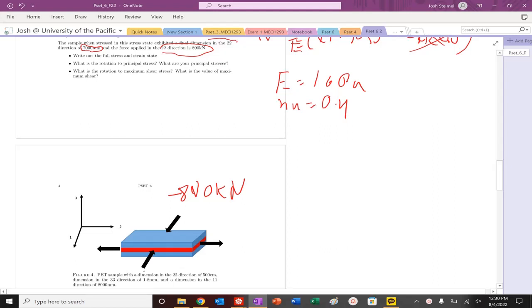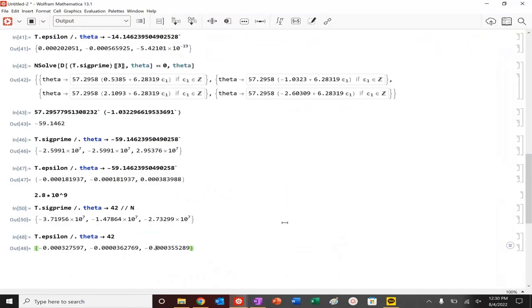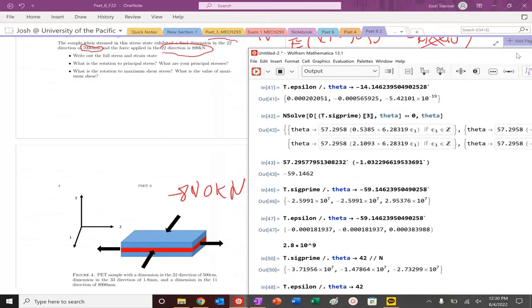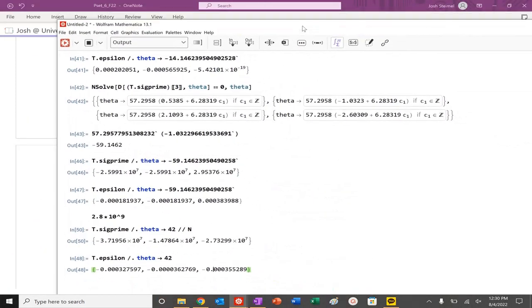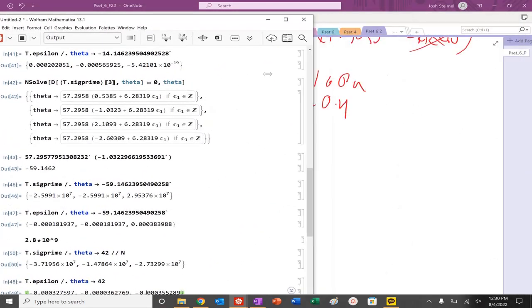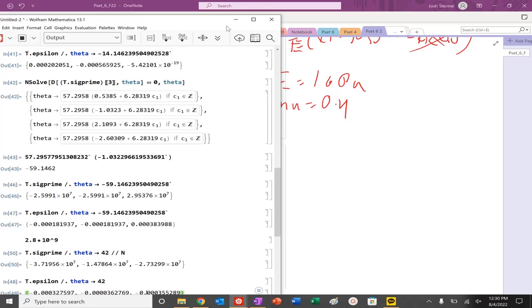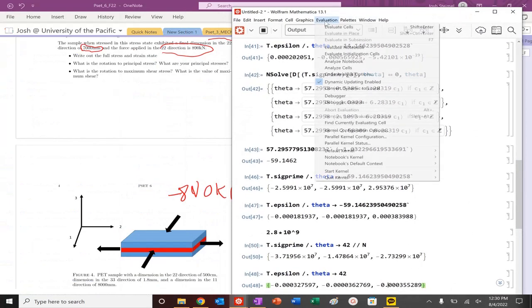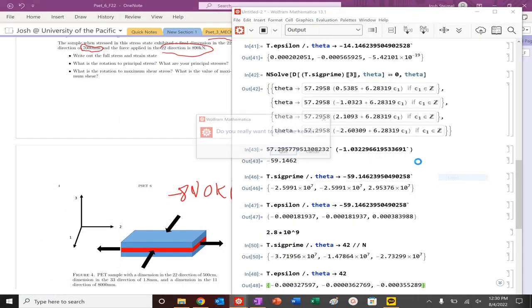So in the 2-2 direction on my PET sample, let's start to put some of these in our notebook. One of the things I'll stress right now is, as you're working through a lot of these problems, I would clear your Mathematica notebook because we don't want variables cross-talking. Even if you have multiple notebooks open, they're usually on the same kernel. Even if they're not on the same kernel, you want to be careful.